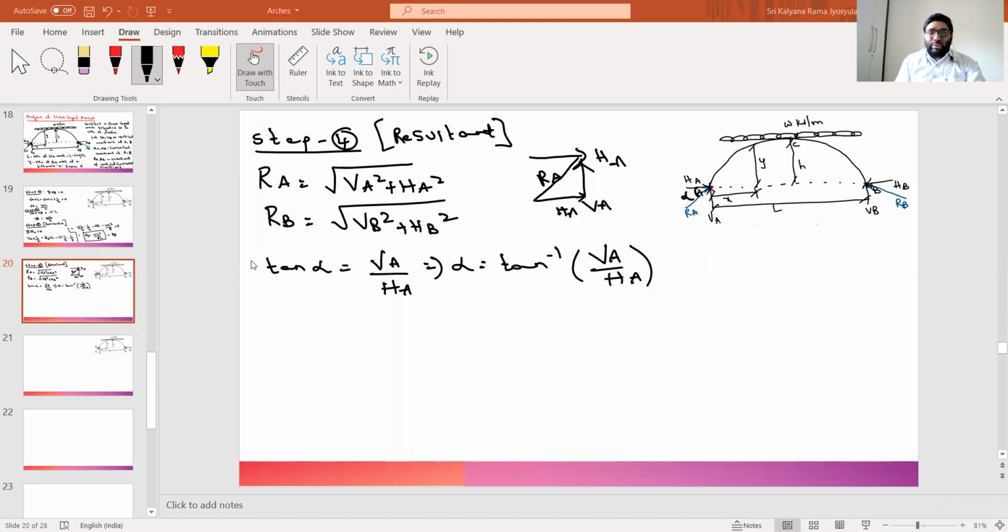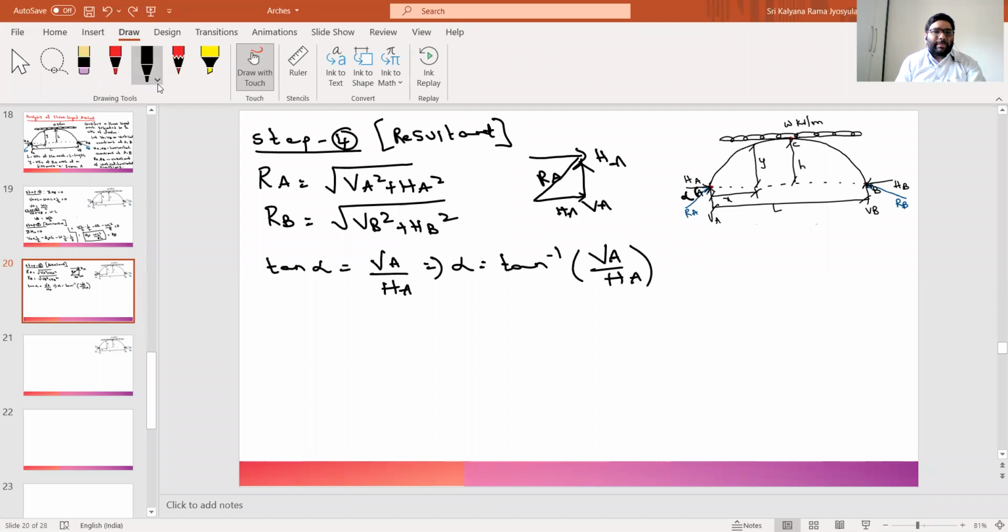And in the next step, one thing we should know here is what should be the value of the arch at the center. So the equation of arch. So let us try to take one thing.